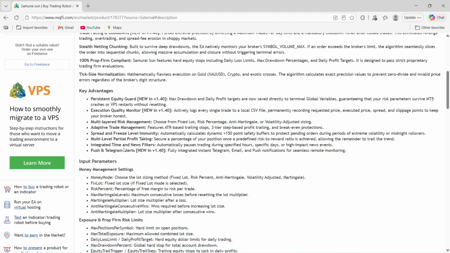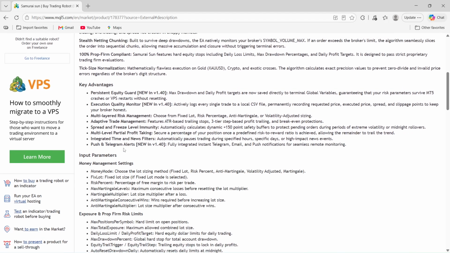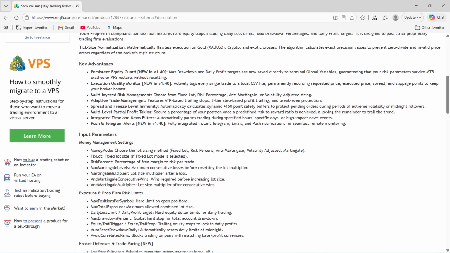Another advantage is the multi-layered risk management, like I previously said, and you can choose from fixed lots, risk percentage, anti-martingale, or volatility adjusted sizing. There's also the adaptive trade management, which features ATR range based trailing stops, 3-tier step-based profit trailing, and break-even protections.